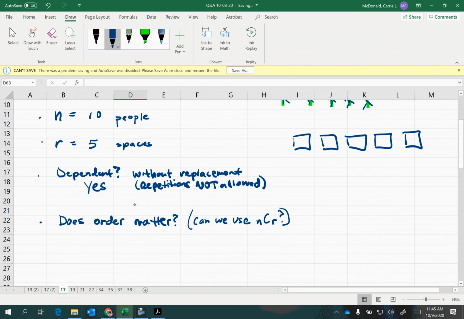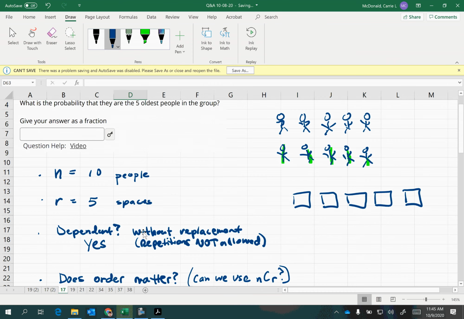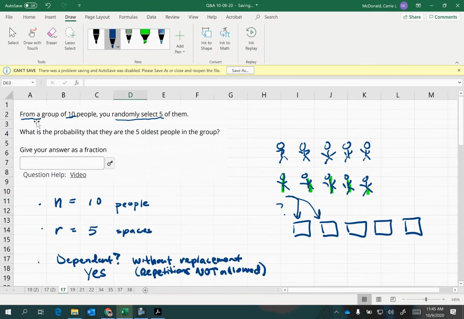So does order matter? Will it matter if I put this person here? If I select that person for the first seat or the second seat, does it make a difference? Well, the problem says that we want to randomly select 5. It doesn't say anything about arranging them in any kind of order.